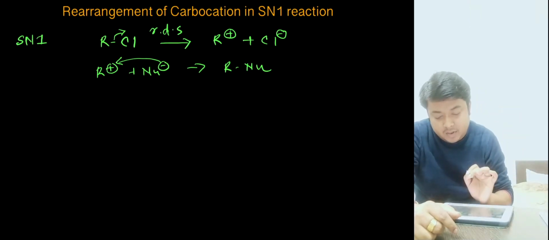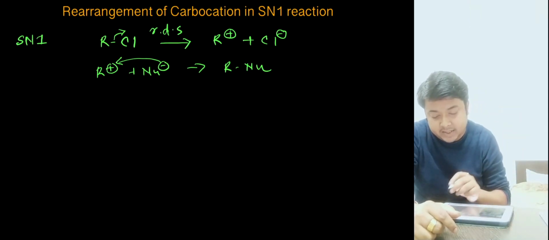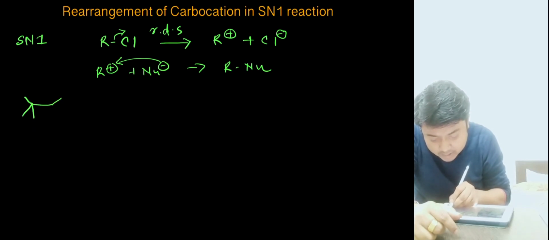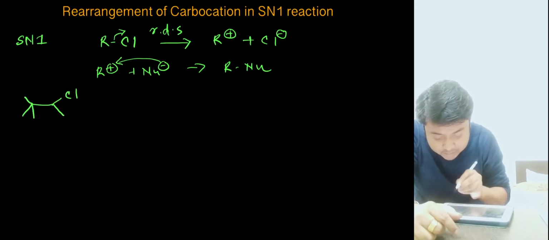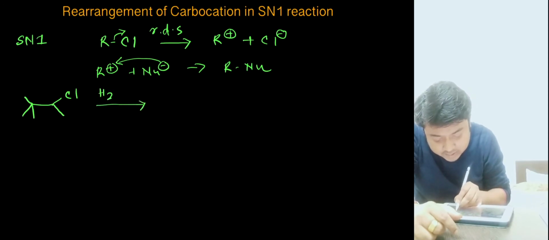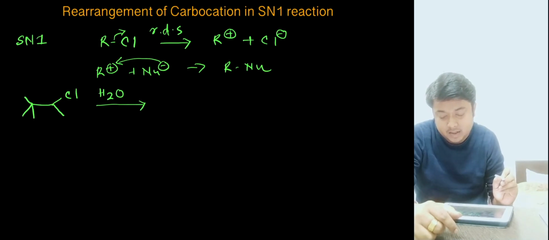Let me give you a simple example here to understand the rearrangement of carbocation in SN1 reaction. Here I have taken this substrate and H2O is the nucleophile.